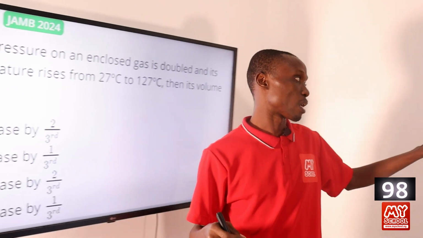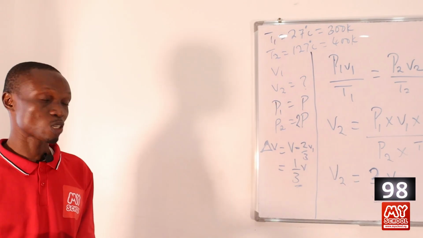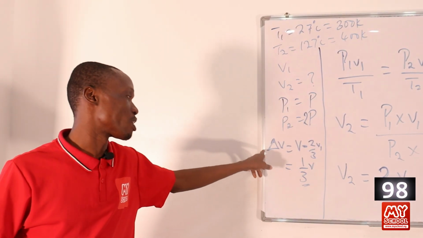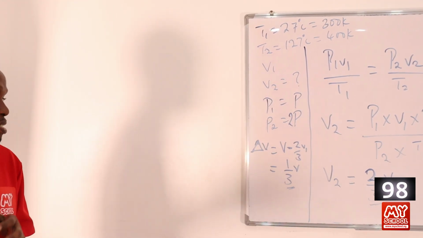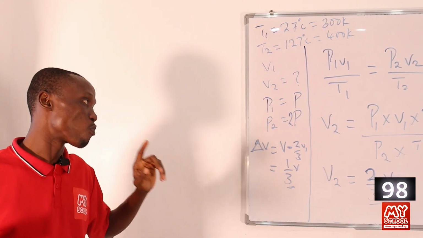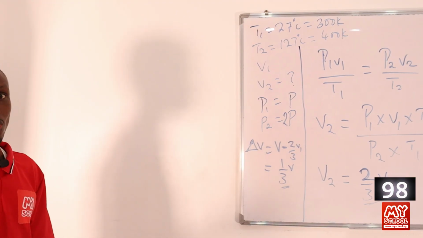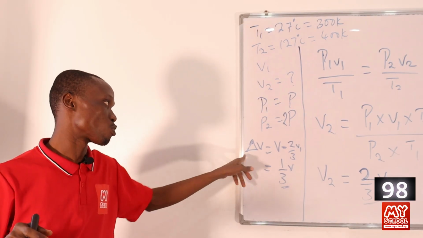The reason why we have to calculate the change is so that we can get the actual amount of the decrease. Because if we say it decreased by 2 over 3 V1 as our final answer, that means we are saying that the final volume is equal to 1 over 3 of the initial volume, which does not agree with what we got from our calculation. So we have to look for the change.